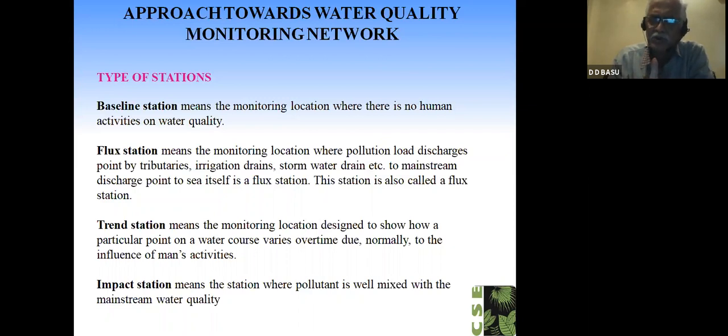A good consultant may suggest to the project proponent that this impact station should be an automatic, real-time station, so that they observe continuous data that they are not polluting. If somebody goes to the court, they can say, see, sir, we have done this, so my discharge doesn't create any problems. Next.